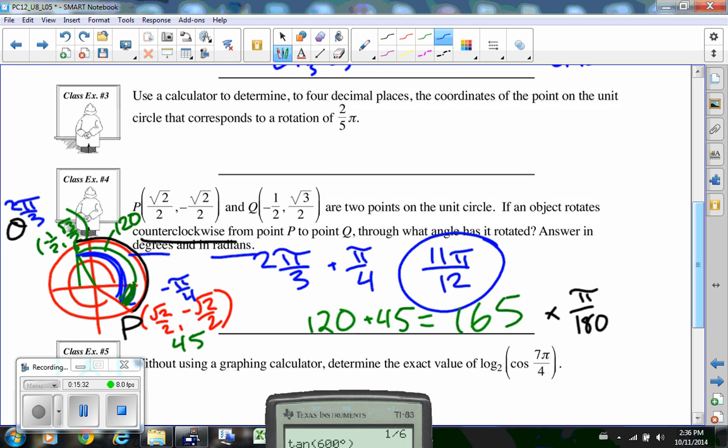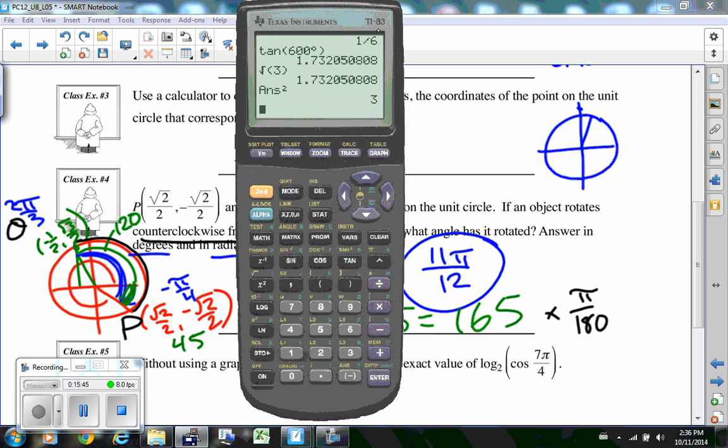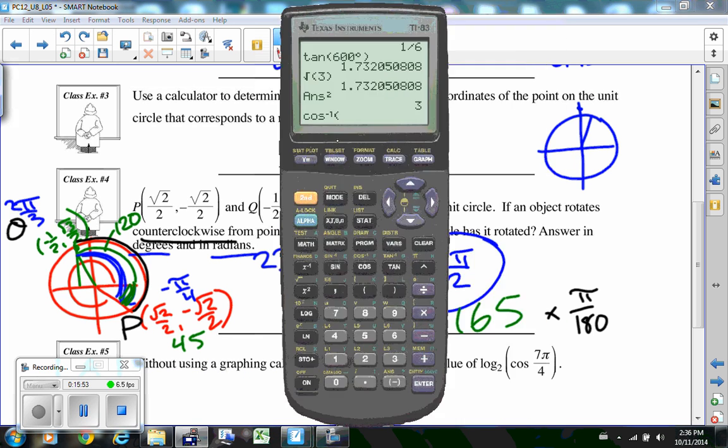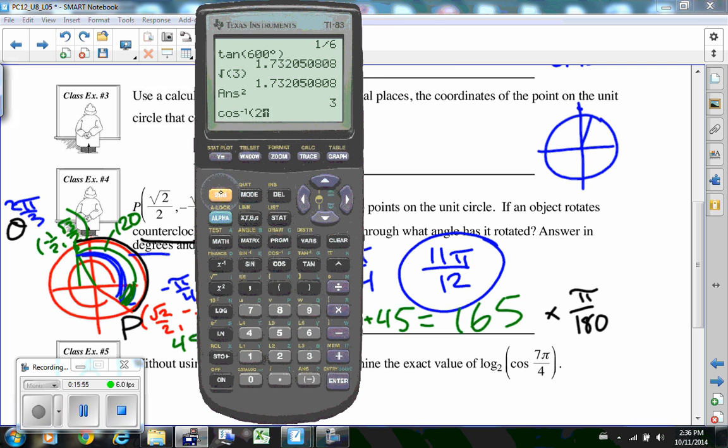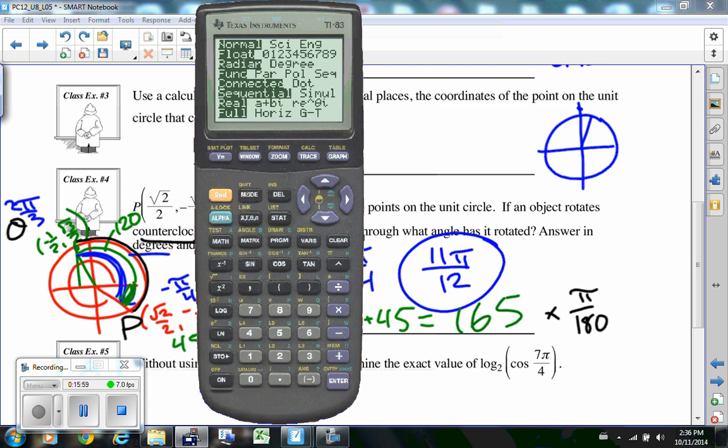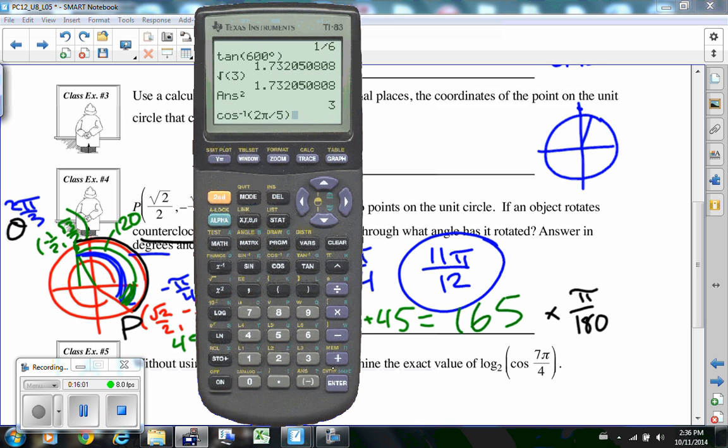If I was rotating 2/5 pi, that's going to be right around here-ish. It's still less than half. So I can go cos -1 of 2 pi divided by 5. Make sure that I'm in fact in radians. I am.